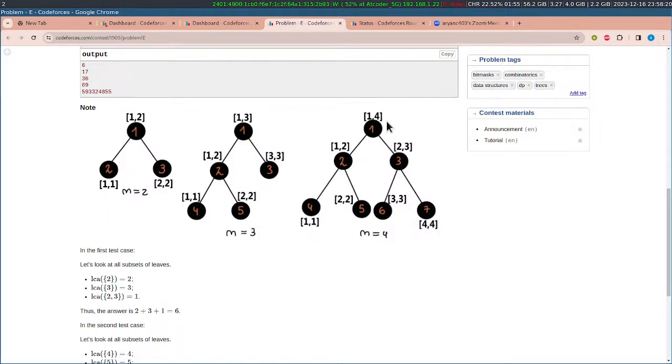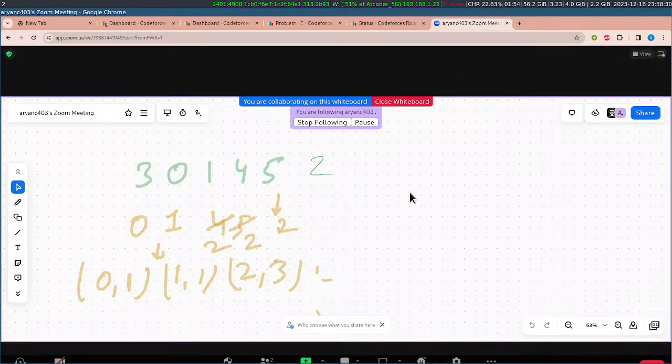Any questions on what this means and everything over here? So moving further, we can just look at the original definition again.